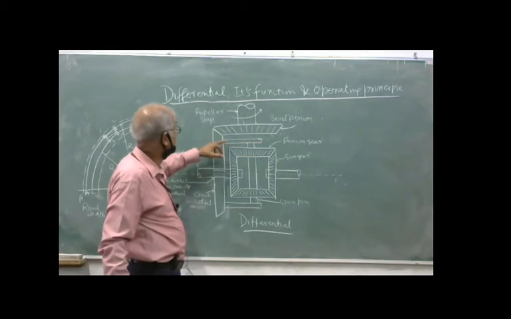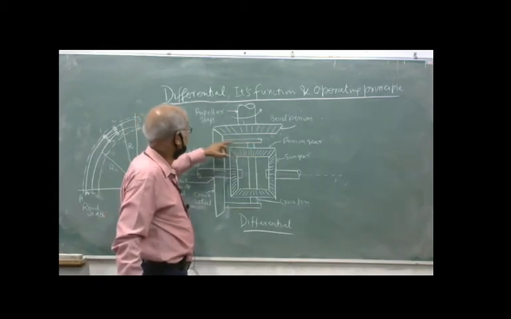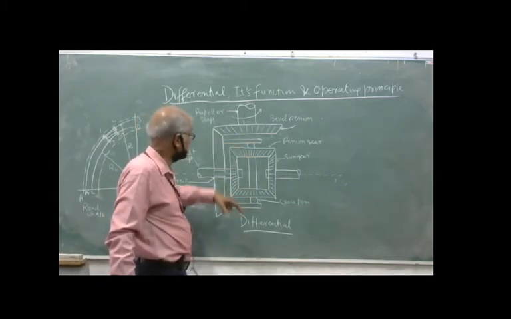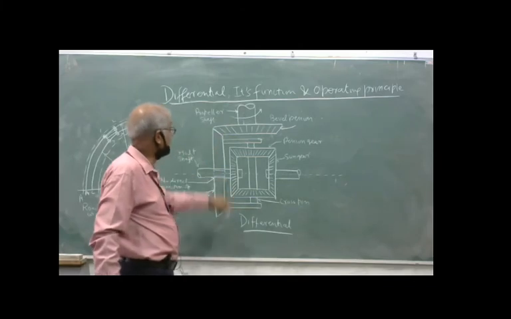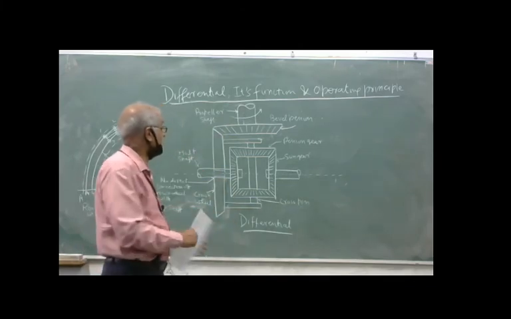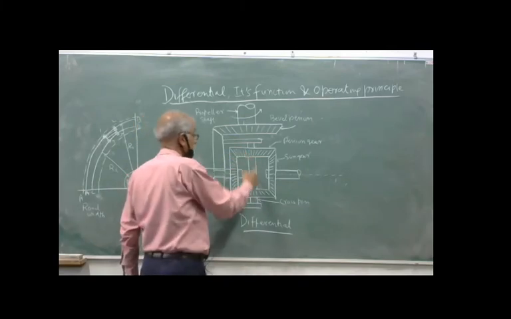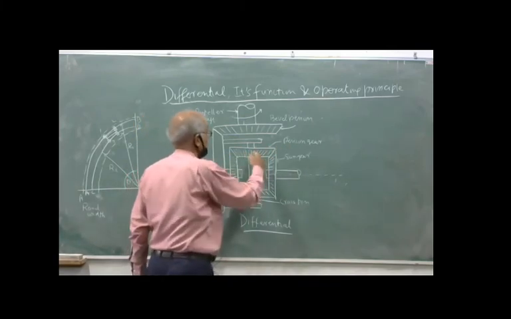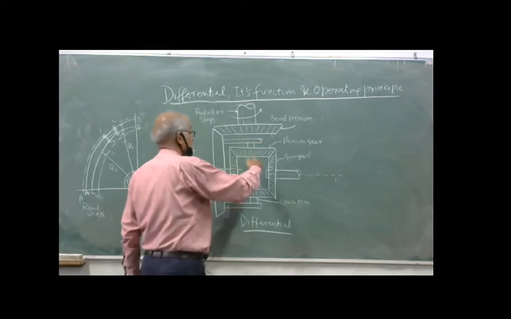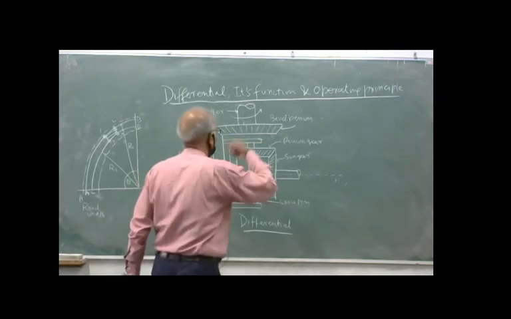So this box, this holding structure, also starts moving along with the crown wheel. Now when this box is also moving, these two pinion gears also start rotating along with the box.